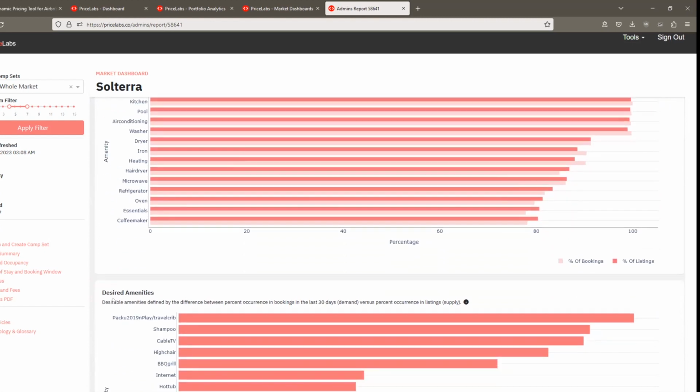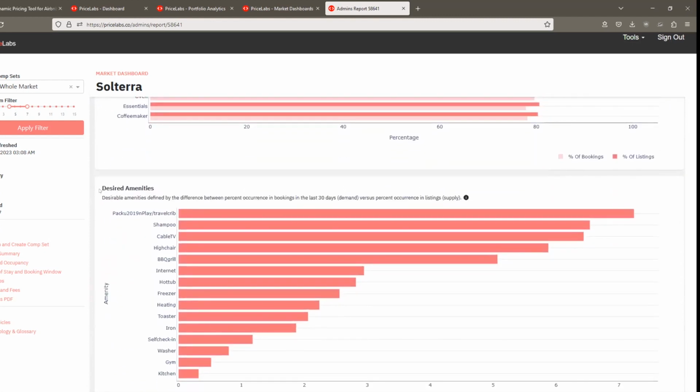The sometimes useful thing to look at is desired amenities. And sometimes very mundane stuff shows up here just because of how things work, and I'll get to that. But this is a useful one that shows up here: a pack and play or a travel crib.